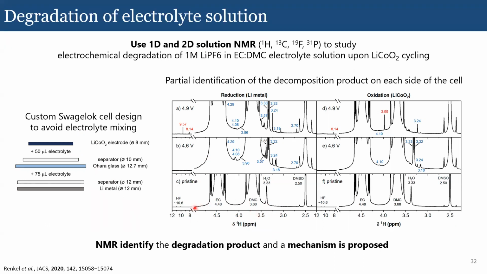And I have to say that this type of work is really major because it is really time consuming. This is not a small study, but it is really important because if you now have the degradation products and you observe them on both the anode and the cathode, you can start to propose a mechanism for the degradation pathways.